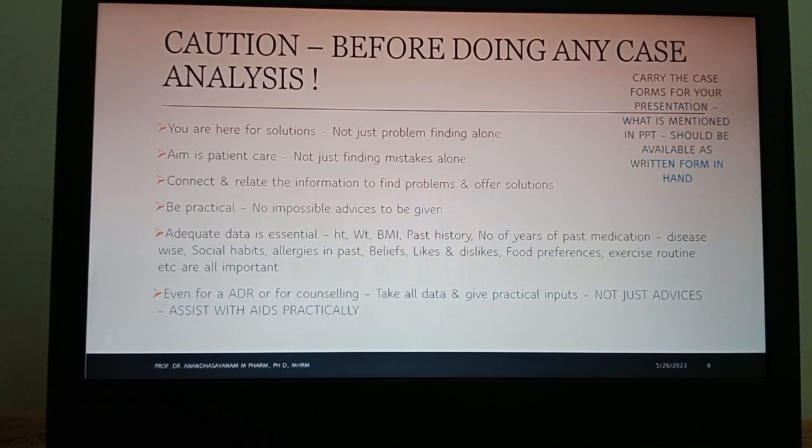Otherwise, for an ADR, for a drug interaction, for a medication counseling, or for history, we don't take all the details like BMI, height, weight. Many of the times these are all missing, but these are vital data because the dose of the drugs is prescribed based on the BMI, right? You cannot ignore the BMI, you cannot ignore the past medication history, you cannot ignore the social habits.